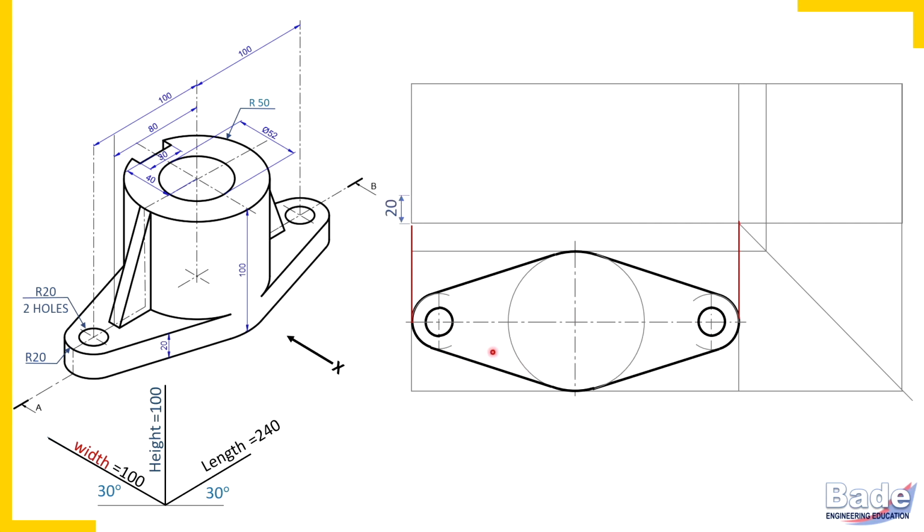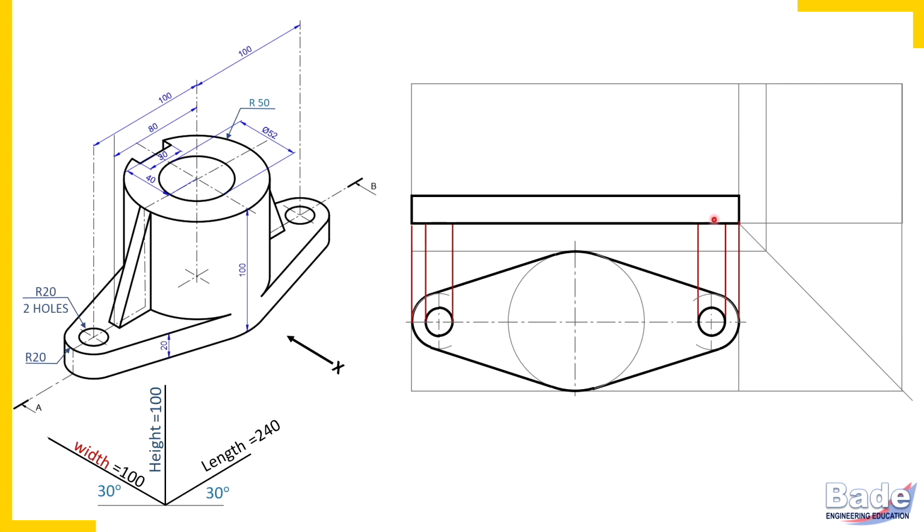Project its length, and in front view you get height, and that height of the plate is 20 millimeters. So this is how the rectangular strip at the base. Similarly, draw end projectors from front view to side view, and then from top view to side view. So when you draw end projectors from front view to side view and from top view to side view, you get a rectangular strip here again.